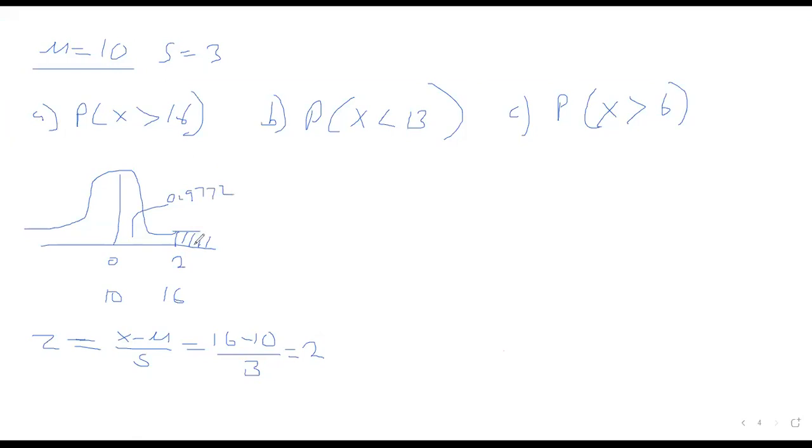So to get the shaded region, because the region is a small region, we're going to do what? Subtract. So Z is greater than 2. We're going to subtract 1 minus 0.9772, and we get 0.0228.